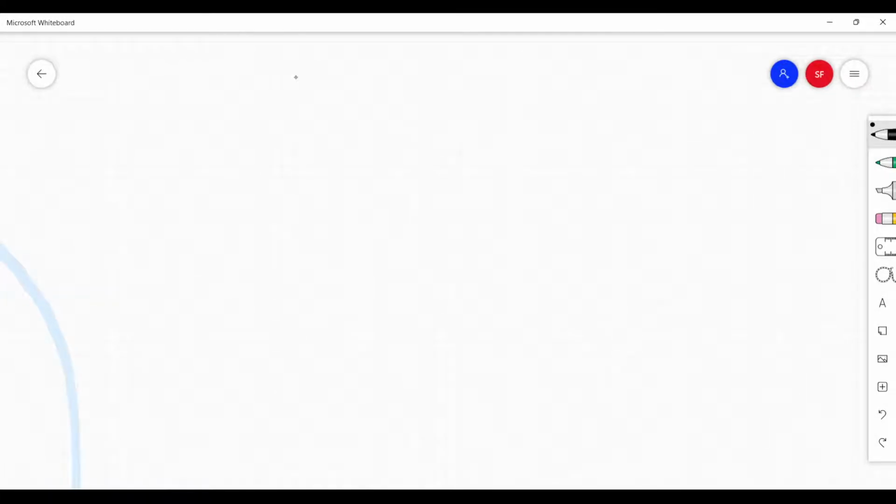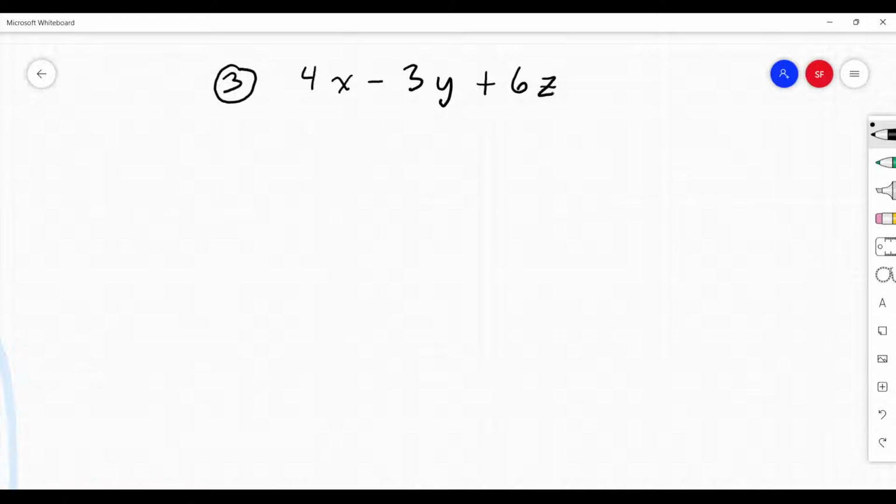So system number 3, problem number 3 has these equations. I'm going to write them down slow enough that I don't copy them down wrong. So we've got 4x minus 3y plus 6z equals 18.